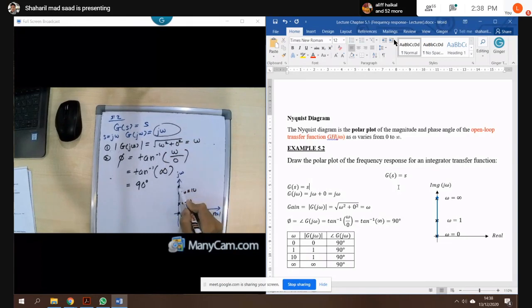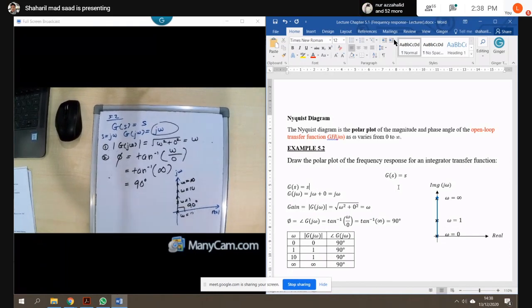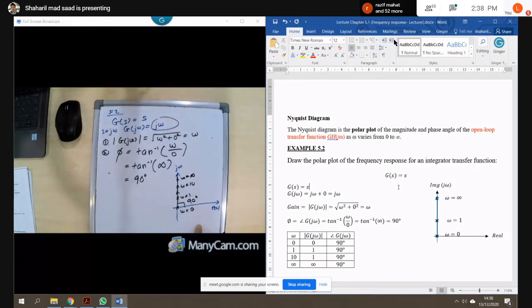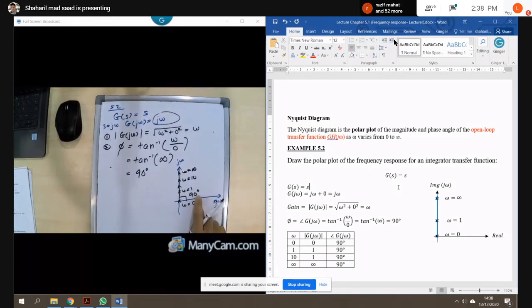Omega equal to infinity, here. So you will see that this is your Nyquist diagram. You will see that the angle is always 90 degrees. That's why we always get 90 degrees here. Clear? All right.